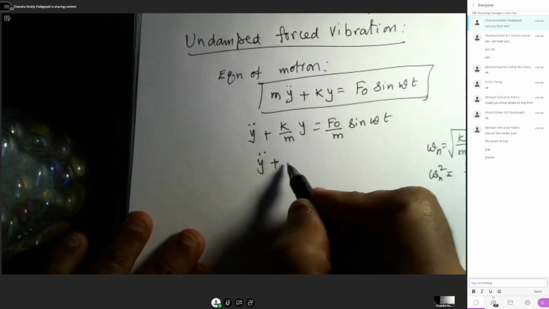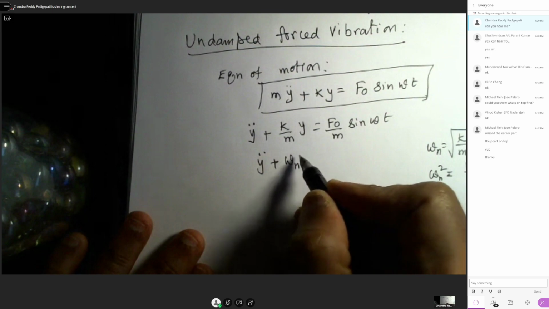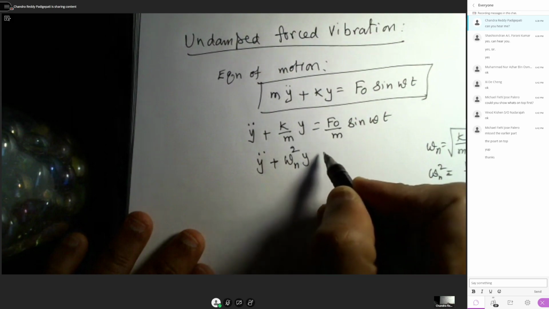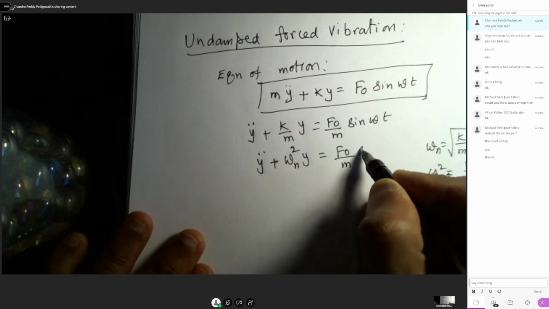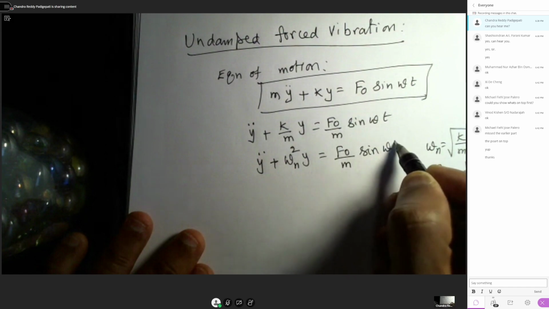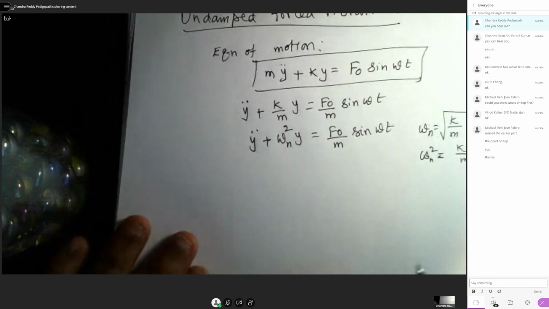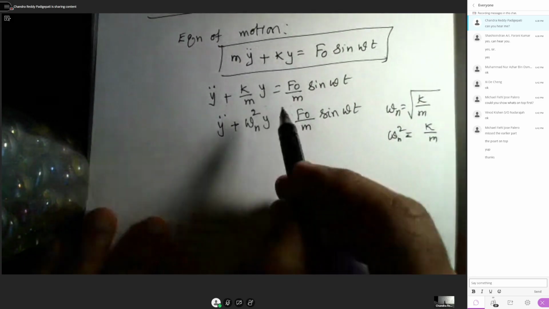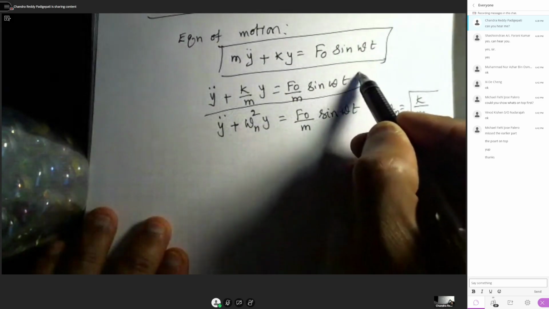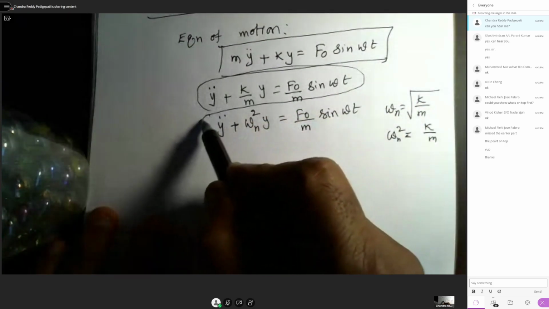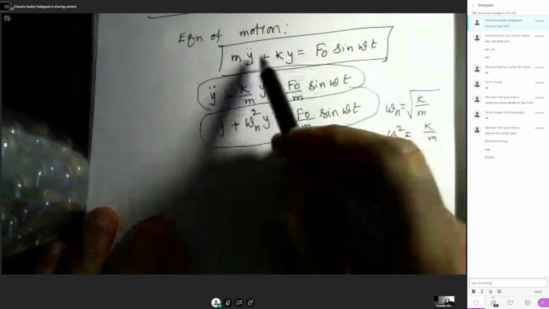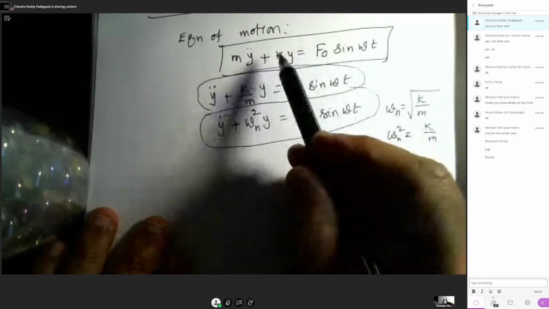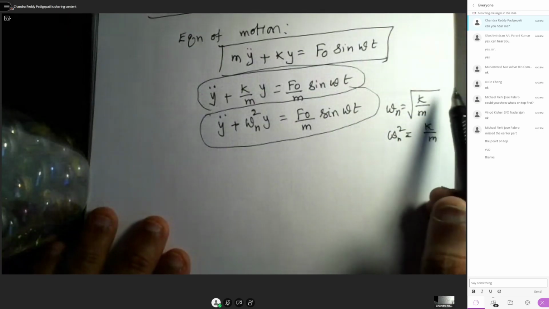So we can replace k over m with omega n square y, and write the right-hand side as F naught over m into sine omega t. Okay, so don't get confused when you find the equation of motion in different formats. Basically, this is the standard format, and we can write it in different ways.